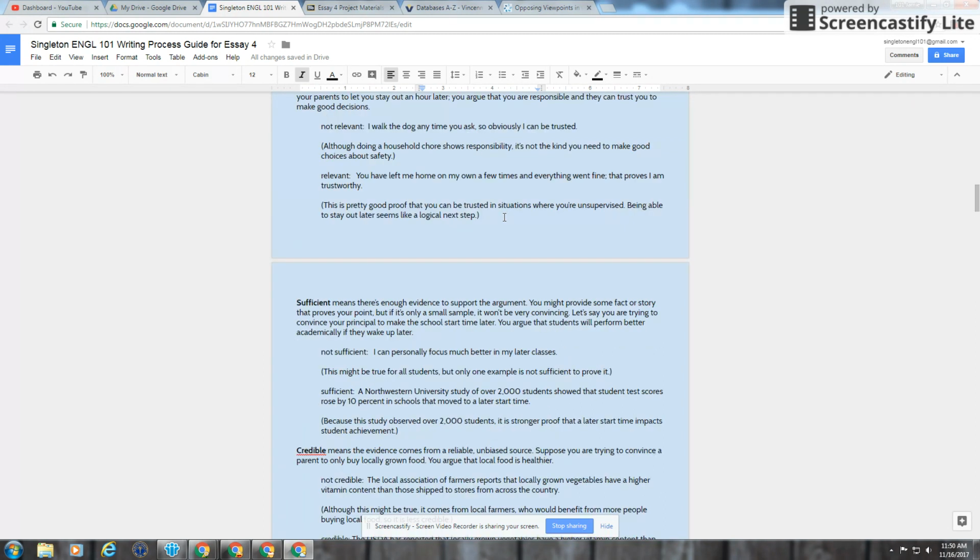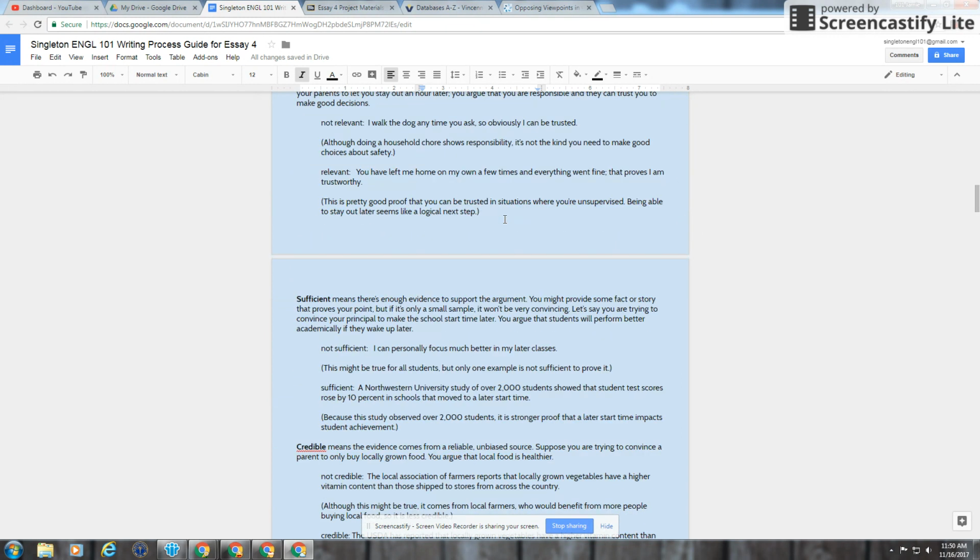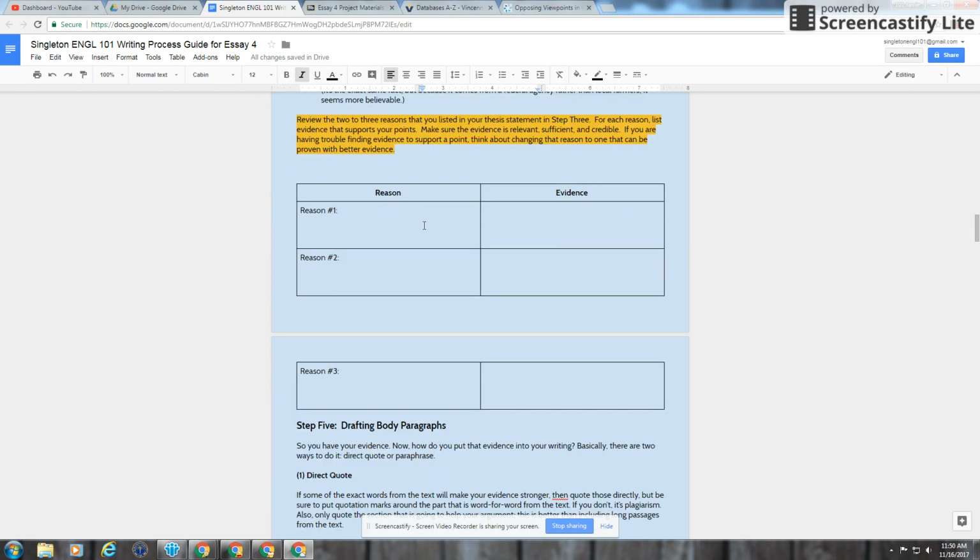So for step 4, with choosing evidence, I want you to review the 2 to 3 reasons that you listed in your thesis statement. So if you said you had a counterclaim and then you gave your opinion on something, and then you said because X, Y, and Z, I want you to list your 3 reasons, reason X, reason Y, reason Z, and I want you to try to come up with evidence to support those reasons.